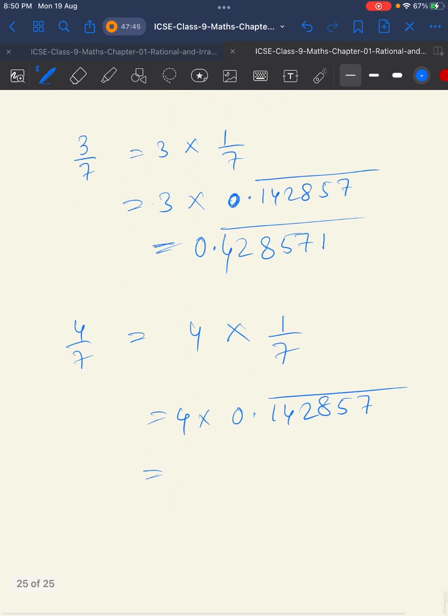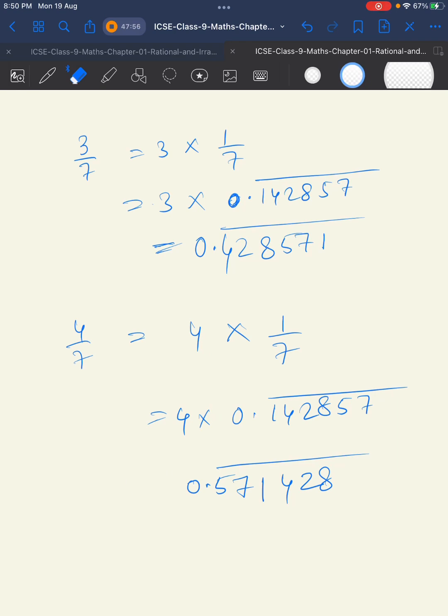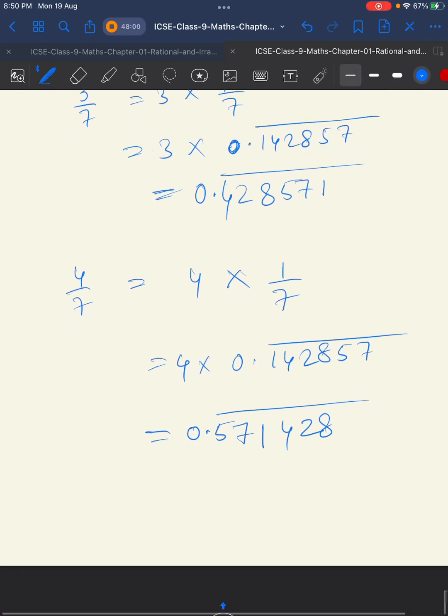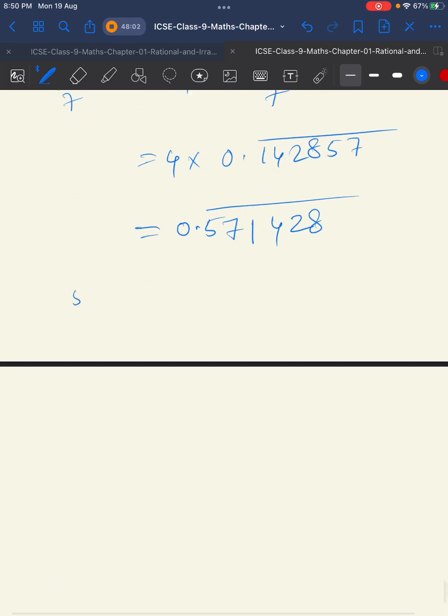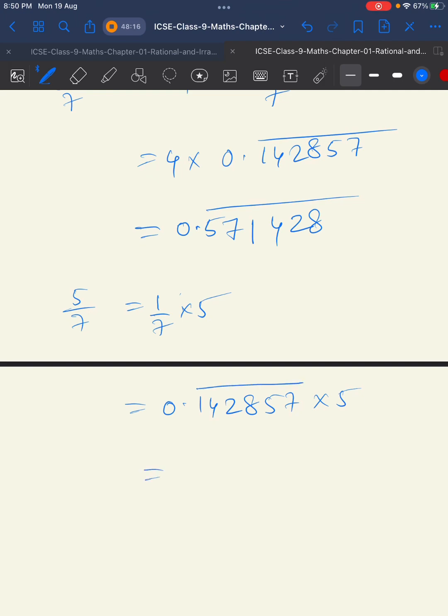Okay, now 4 by 7 is similar, 4 into 1 by 7, so 4 into 0.142857 bar, so this is 0.571428 bar. Okay, similar for 5 by 7 and 6 by 7. 5 by 7 is 1 by 7 into 5, so 0.142857 into 5.